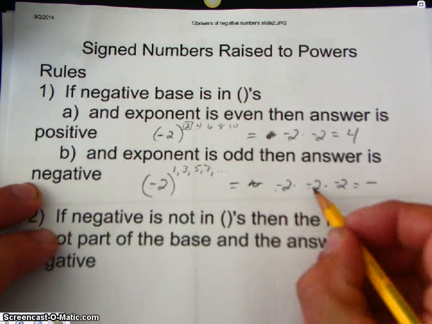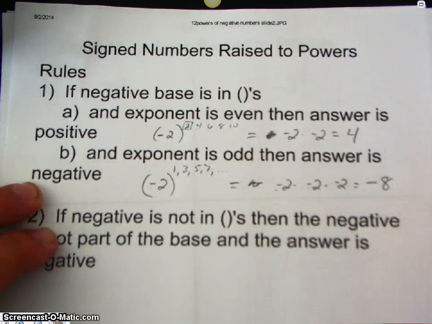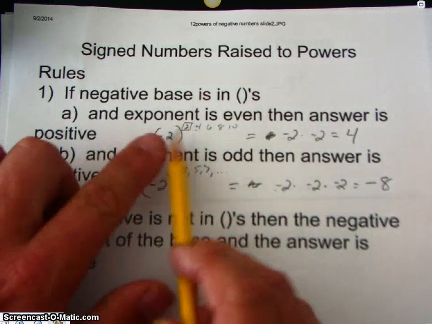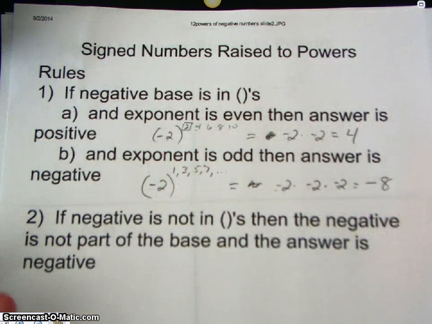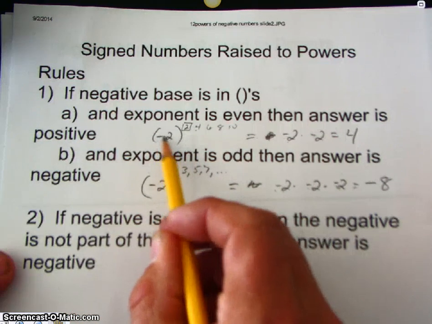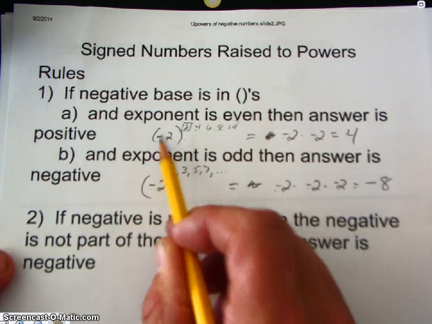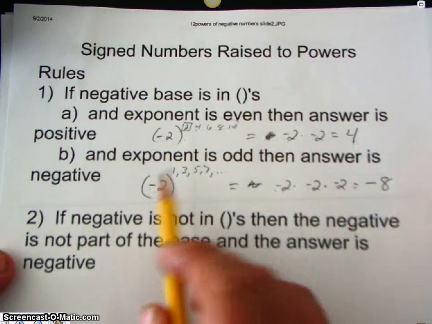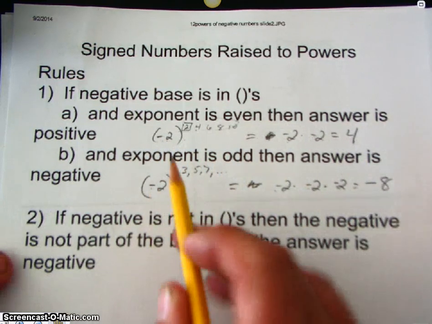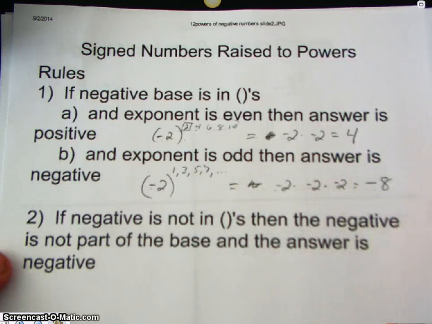So 2 times 2 times 2 is 8, so I get -8. What's nice about this is if you're doing multiple choice, if my answer has a -2 inside parentheses and it's an even exponent, then I know my answer has to be positive. And if it's negative inside parentheses and my exponent is odd, then I know it has to be negative.